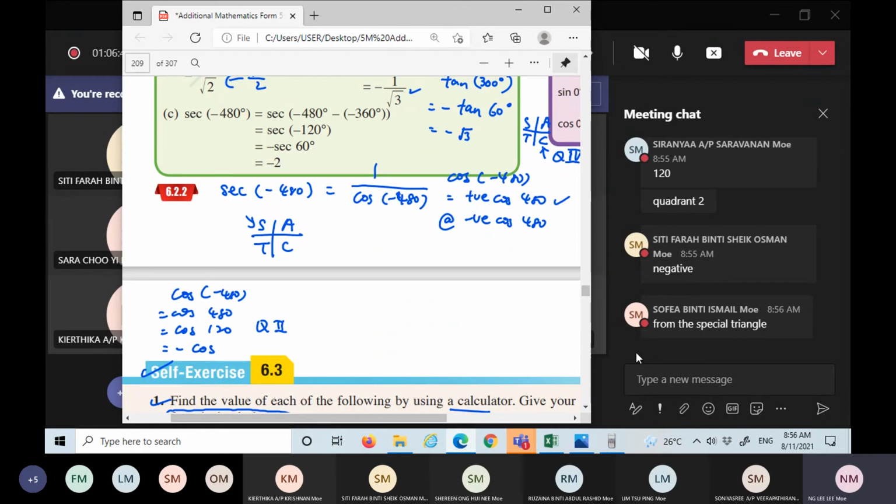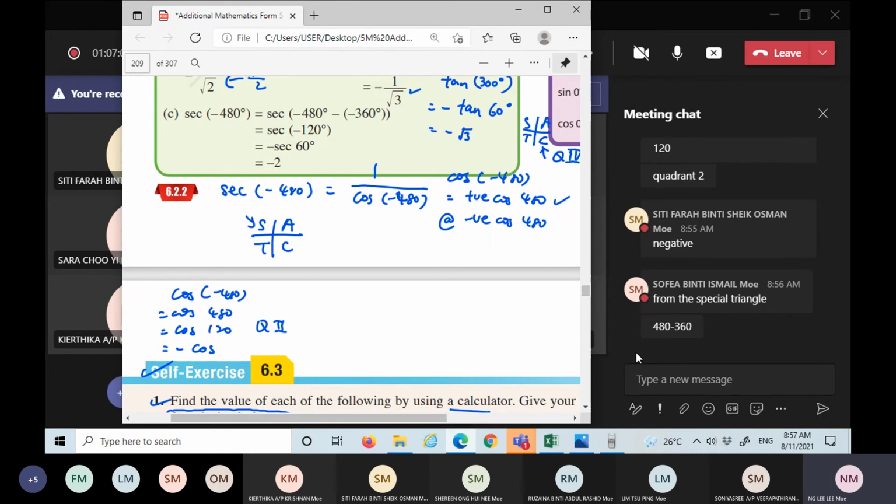If you don't know, then just say no. Okay, 480 minus 360, Sirania helped to answer already. That one is after one whole turn. So now 120 degrees is in the second quadrant.